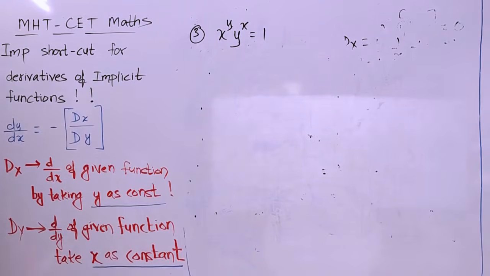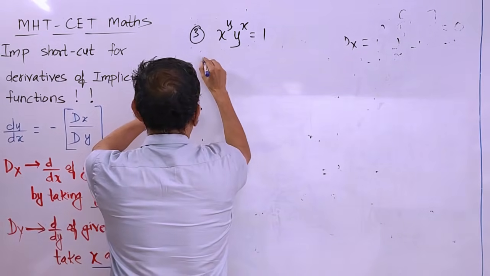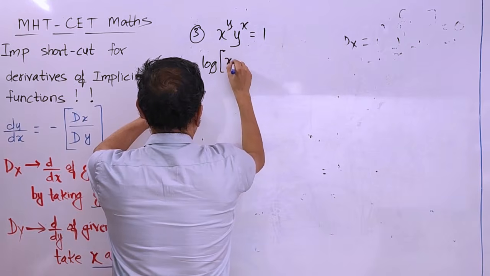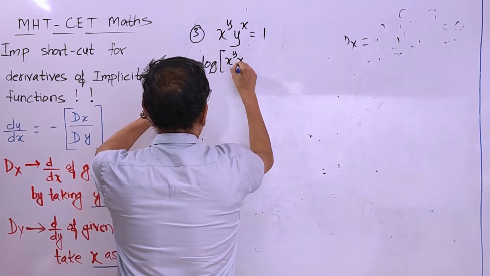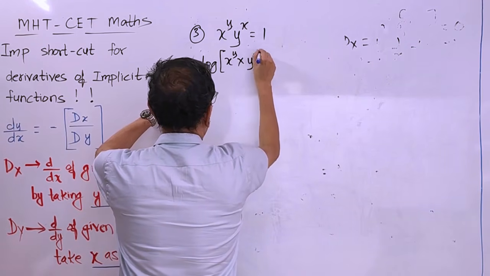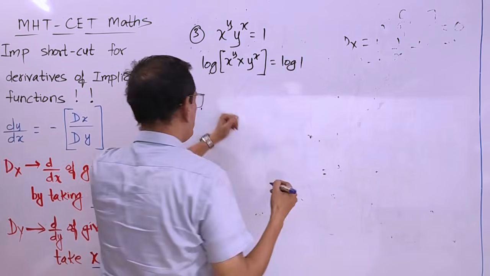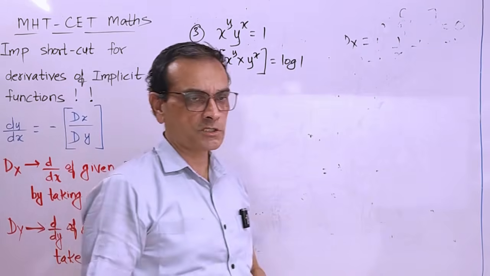X raised to y into y raised to x equal to 1. Find dy by dx. Taking logs. I have taken this sum so that we can just revise certain rules of logs.